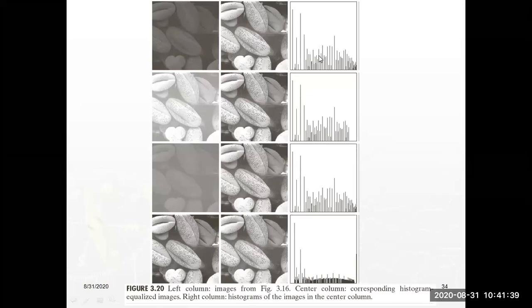After histogram equalization, what happens? Is my image enhanced or not? Please all of you follow this. In the previous case, I showed only the corresponding histograms, but here I got histogram equalization. What happens after histogram equalization? Simply the image can be enhanced.